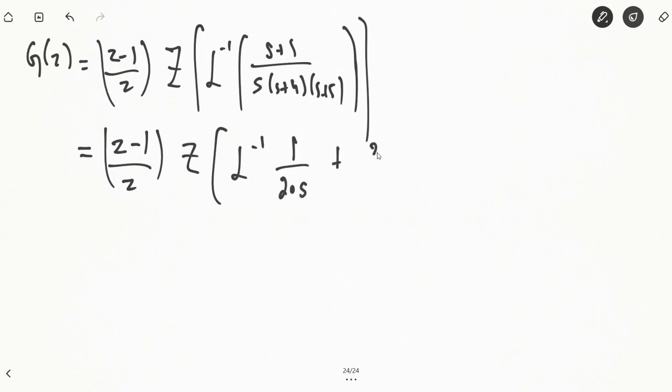One by 20s, plus 3 by 4 times 1 over (s plus 4), minus 4 by 5 times 1 over (s plus 5).